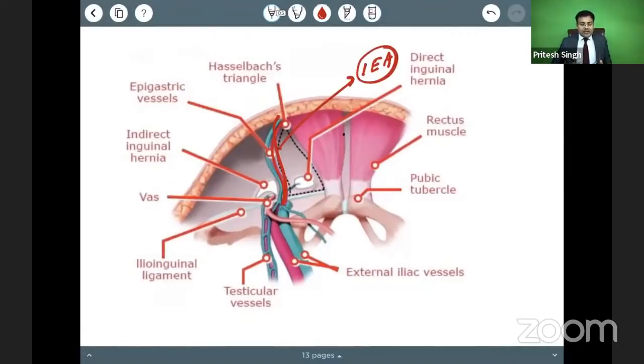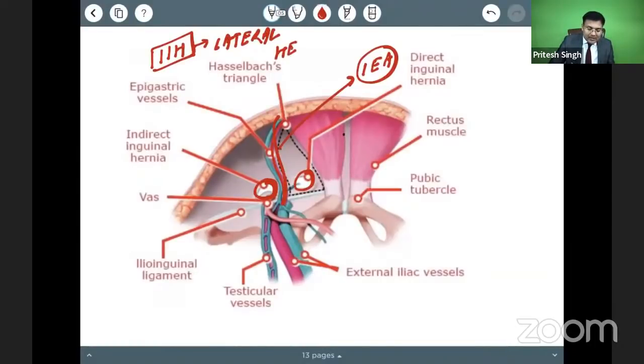So here you can see that indirect hernia is coming indirectly via deep ring, and deep ring is lateral to inferior epigastric artery. And the opening via which direct hernia is coming is located medial to inferior epigastric artery. That's why indirect inguinal hernia is also known as lateral hernia.